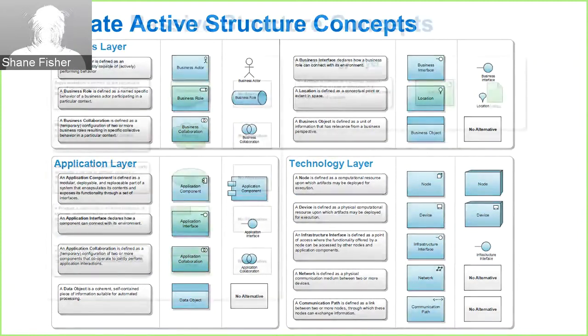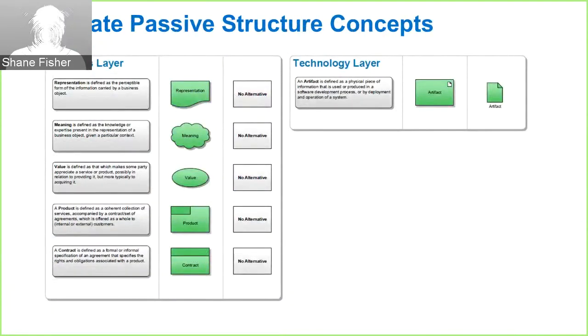Good question. Passive structure. So these are all the things being acted upon, right? And the one that's most useful in most of the diagramming I've done is artifact. Some of these are a little overwrought. Again, I tailor this.